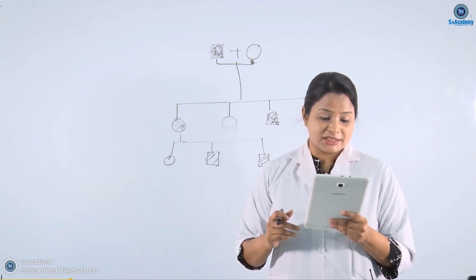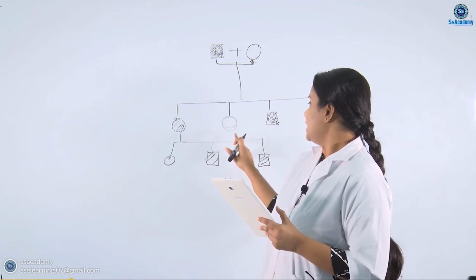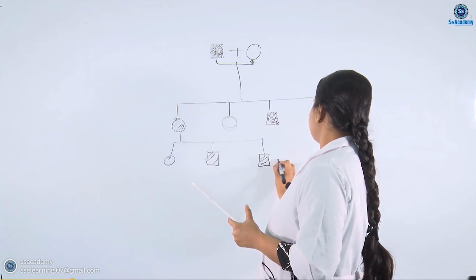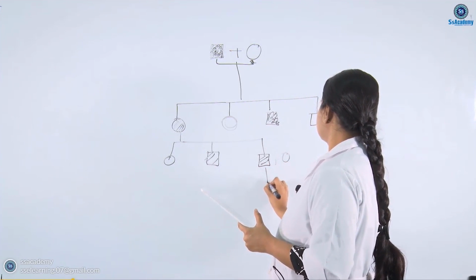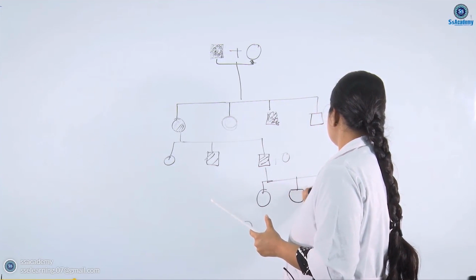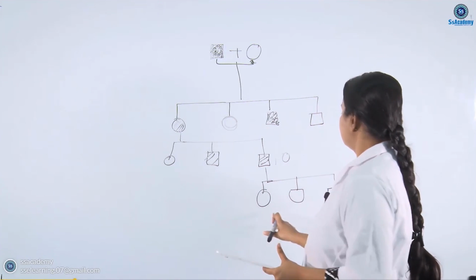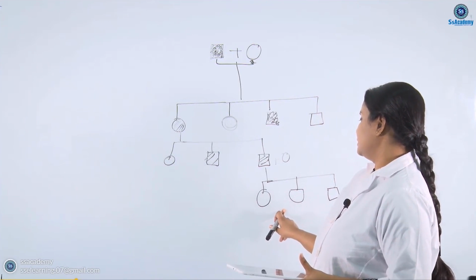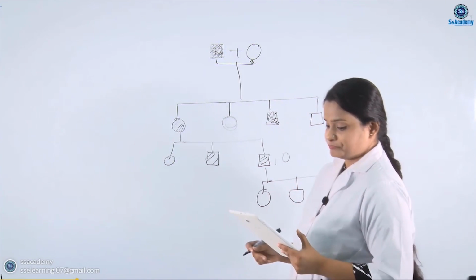It has a horizontal pedigree pattern. That means not every generation has this trait. There is a generation skip; they are neither carriers nor affected.